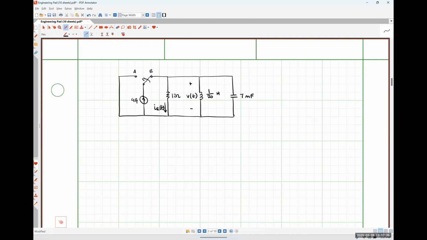I usually need to know everything that's going on with my energy storage elements in order to set up my system of equations. So even though we're not explicitly trying to solve for this, I'm just going to make a note here. We're going to pay attention to IL of t, and we're going to pay attention to IC of t.